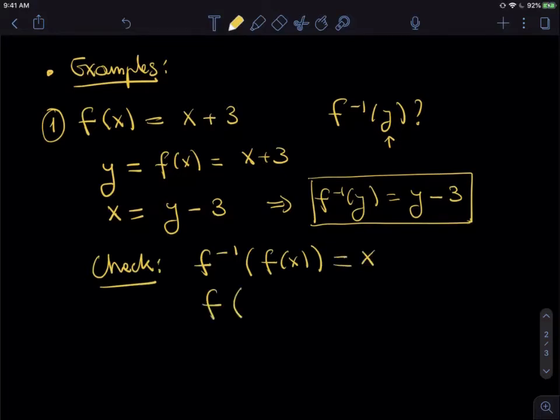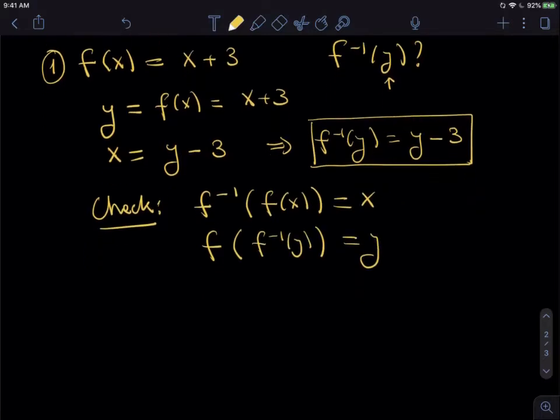You can do the inverse of f of x, then you have to recover x, or you can do f of the inverse of y, and then you have to recover y. Either way is good. Basically you are doing and undoing. If you do something then undo, you should get the original.